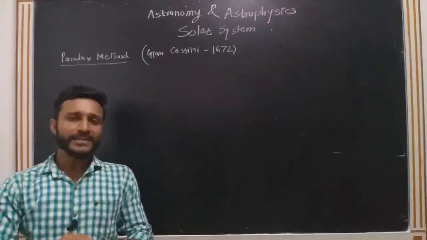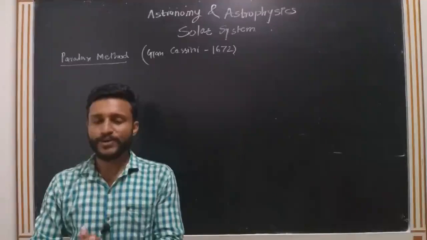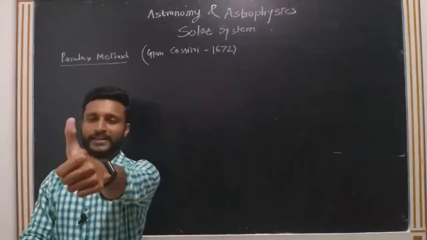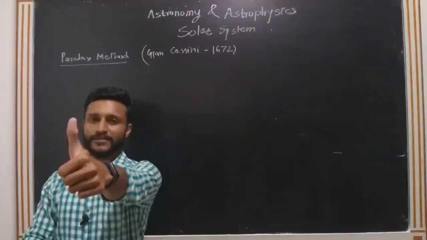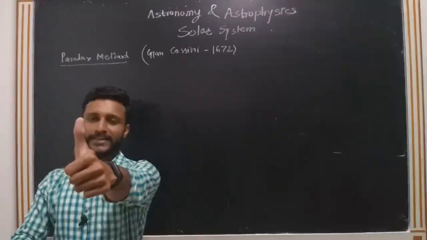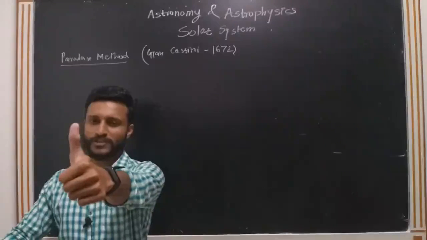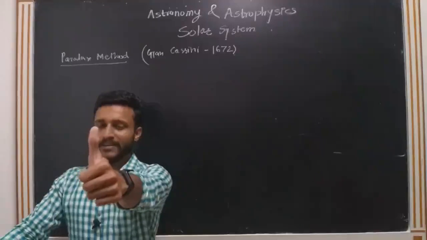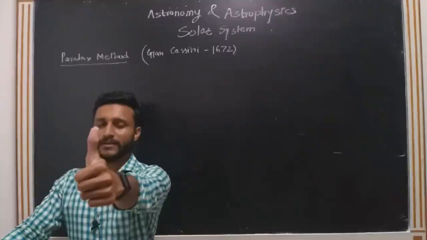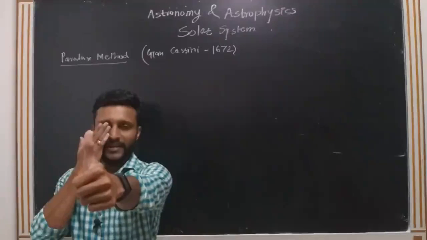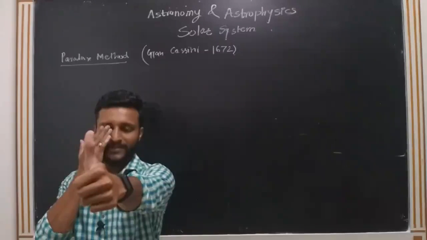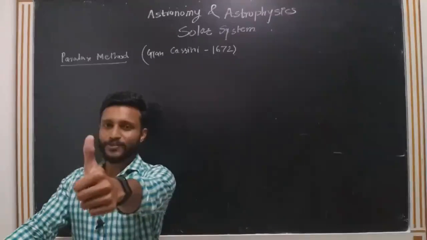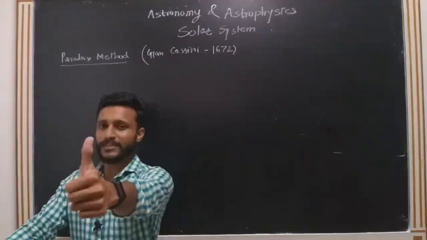So you can understand the parallax by holding your thumb up at your arm's length. If you look at it with one eye and then with the other, you will notice that the thumb seems to shift back.